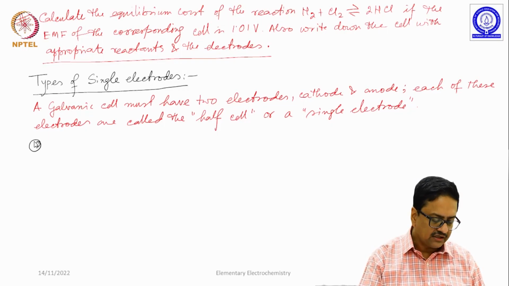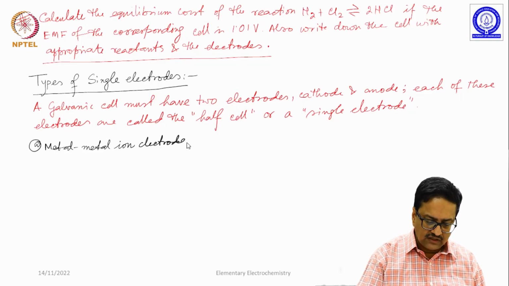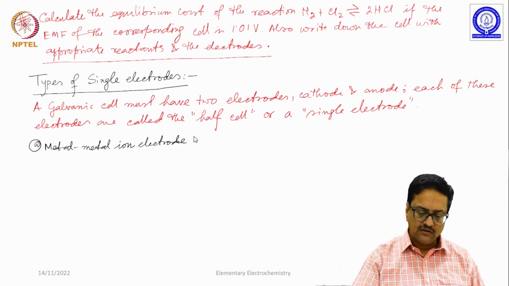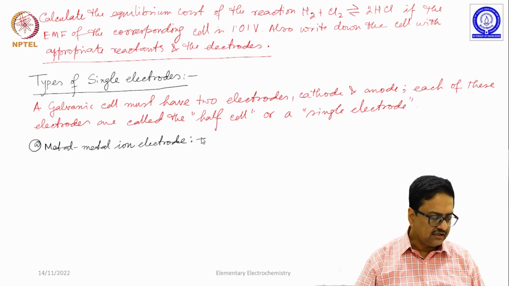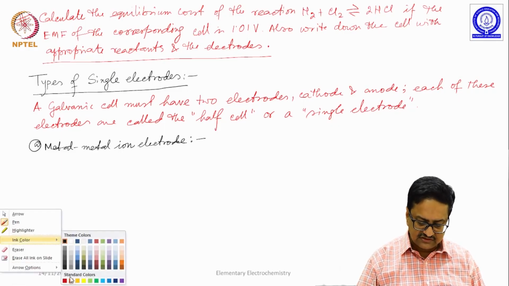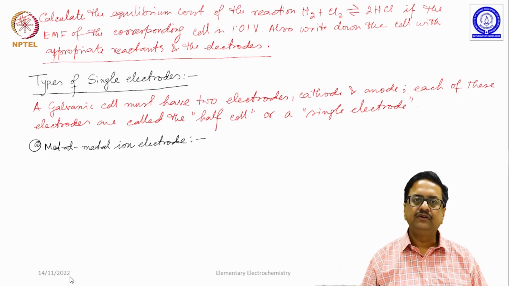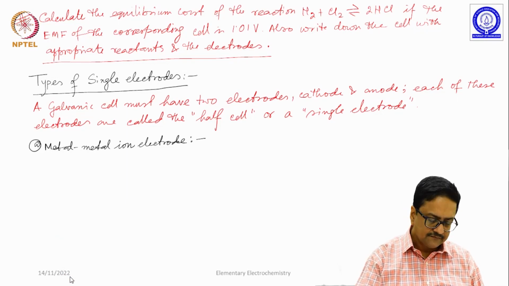The first one is a metal ion electrode. So here what you can easily understand that this electrode consists of a particular metal in equilibrium with its cation.